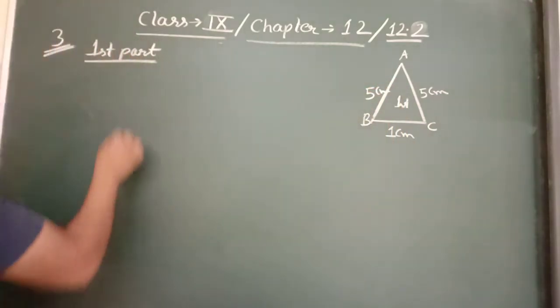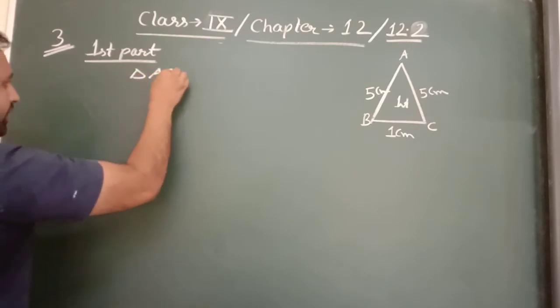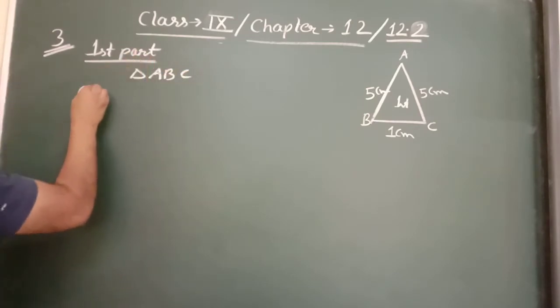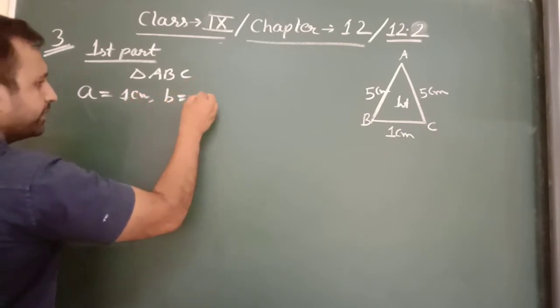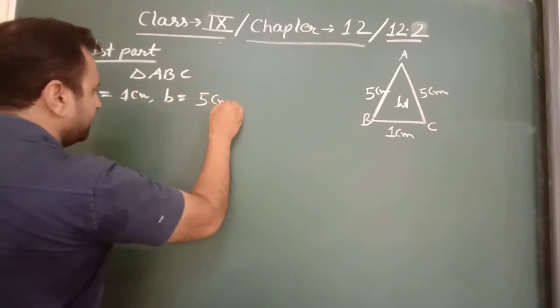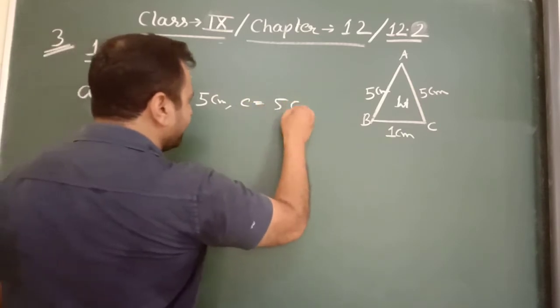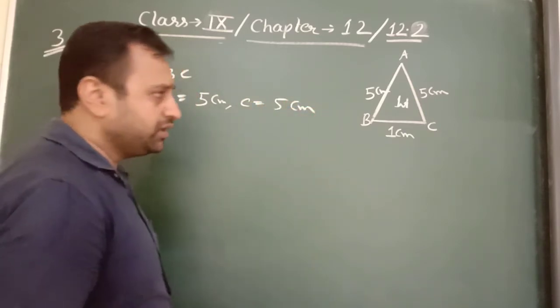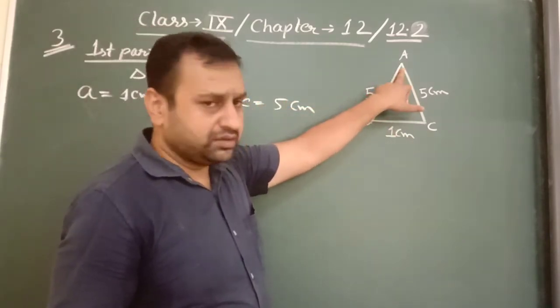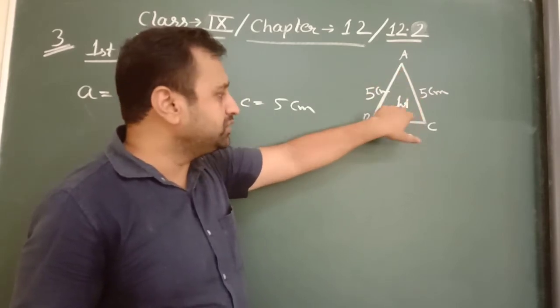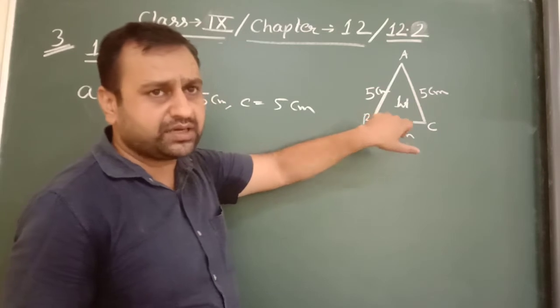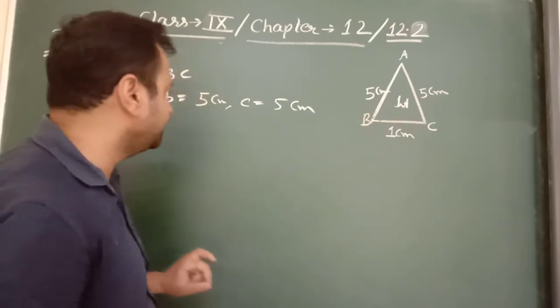Now in the triangle ABC we have three sides in which small a is 1 centimeter, small b is 5 centimeter and small c is also 5 centimeter. Again, repeat: the side opposite to angle A is taken as small a, the side opposite to angle B is small b and the side opposite to angle C is small c.